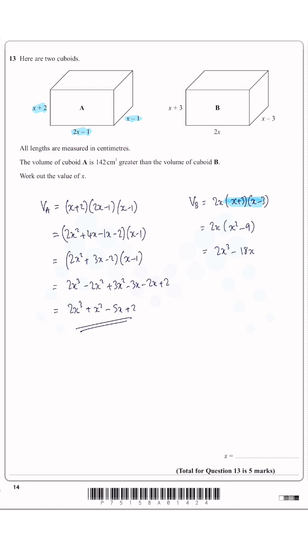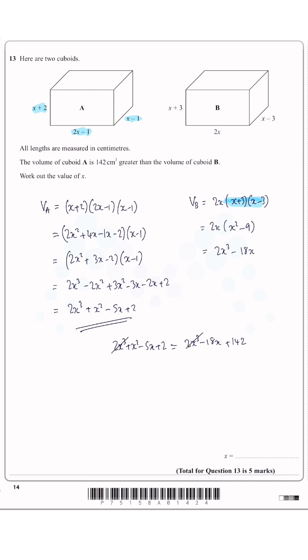And because the volume of cuboid A is 142 greater than the volume of cuboid B, I have to add 142 to the volume of B. And that's equal to 2x cubed plus x squared minus 5x plus 2. Now, I've got 2x cubed on both sides, so they automatically cancel out.